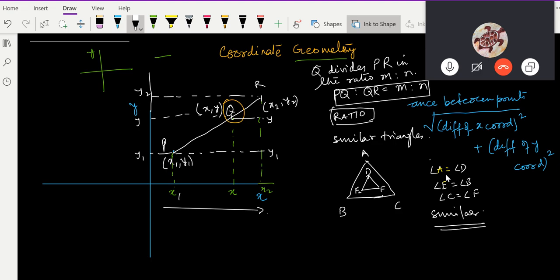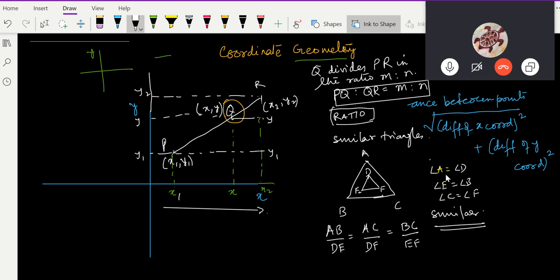If we have two such triangles, then their sides are proportional, meaning the ratios of their sides are the same. So AB by DE is equal to AC by DF is equal to BC by EF.